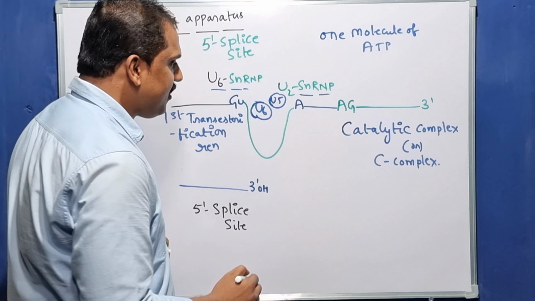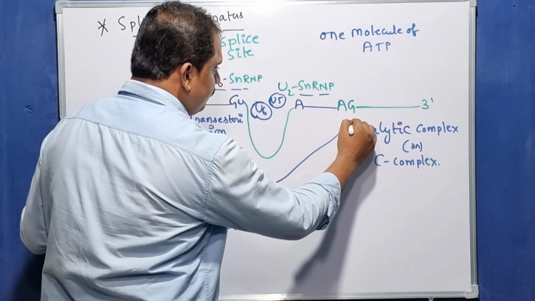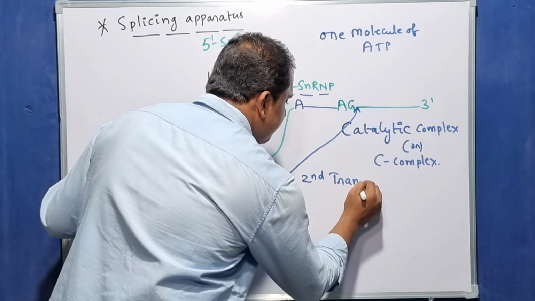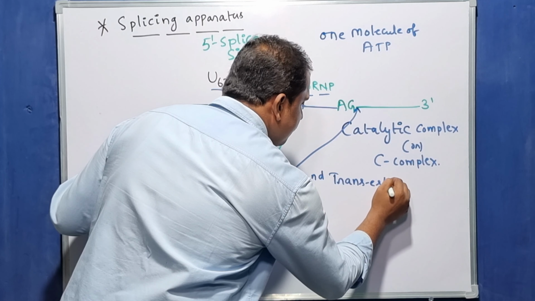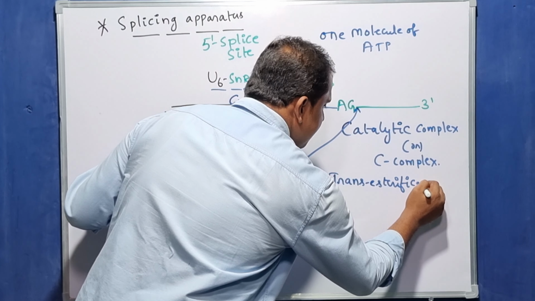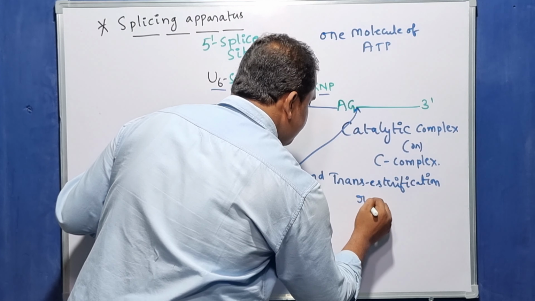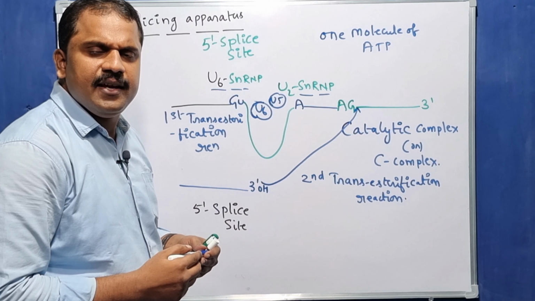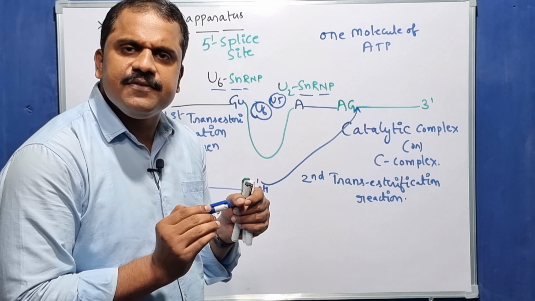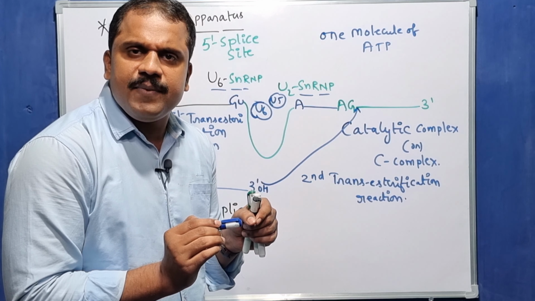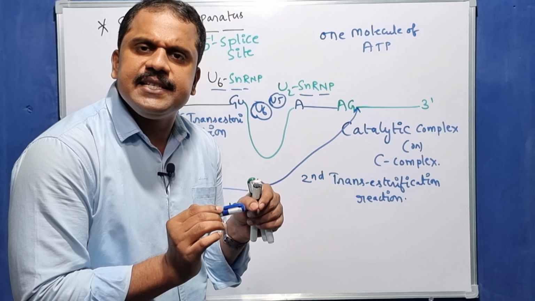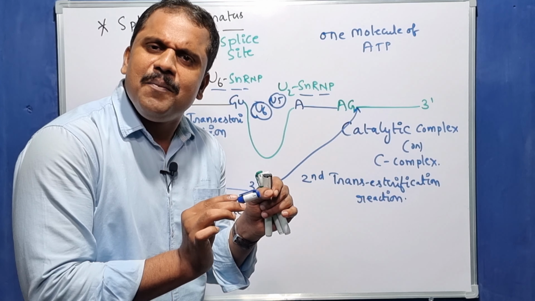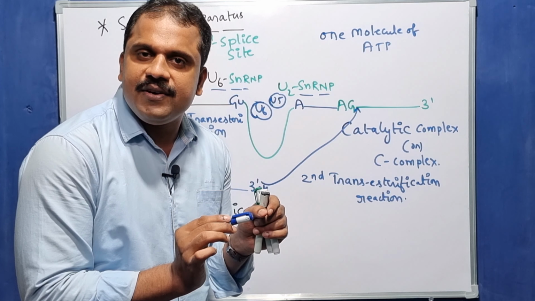Is it clear? So let me present it here. So here it is nothing but the second trans-esterification reaction. As I have already mentioned earlier, during the group 1 and group 2 intron-mediated splicing mechanism, in order to organize the trans-esterification reaction, there is no requirement of any energy cofactor.